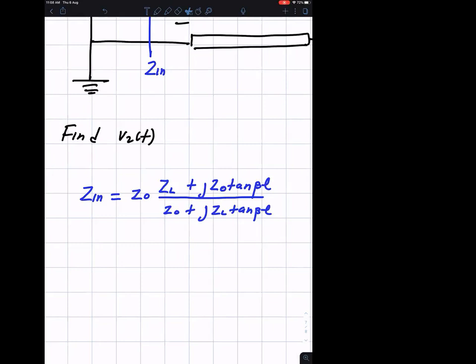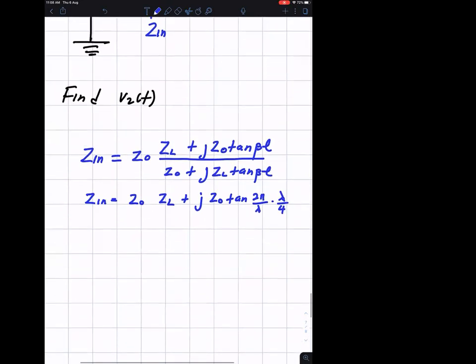So in this case, last time we did Z in in terms of ZL. I'm doing this again to show you. Although this is electromagnetics, I'm spending some time here. Beta is 2 pi over lambda. L is lambda over 4. So these are all electromagnetic stuff.